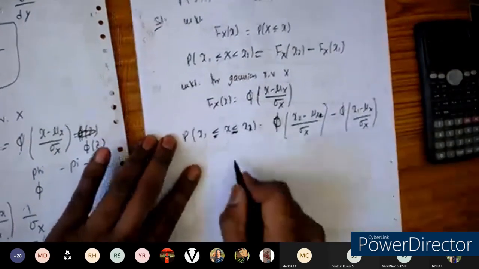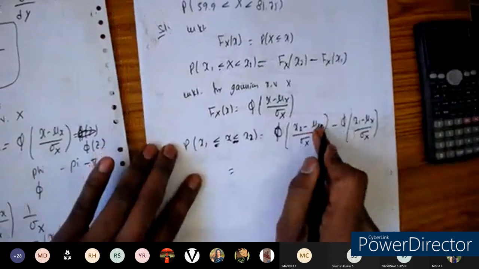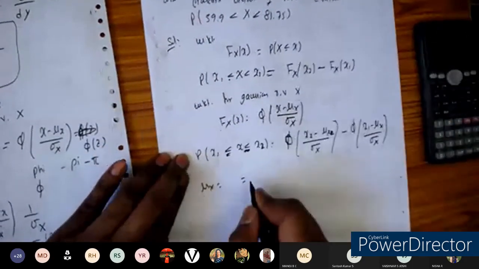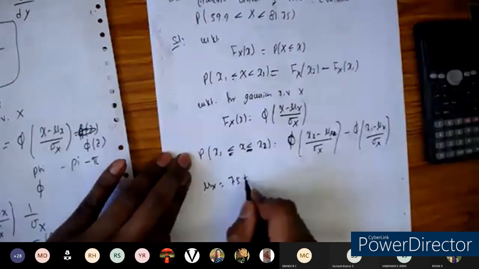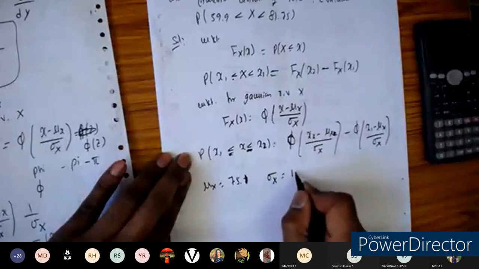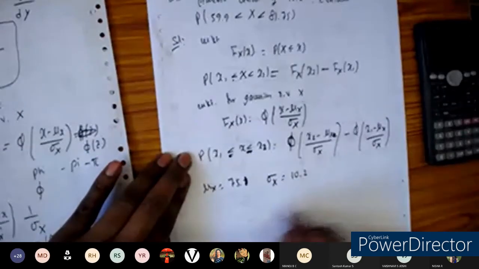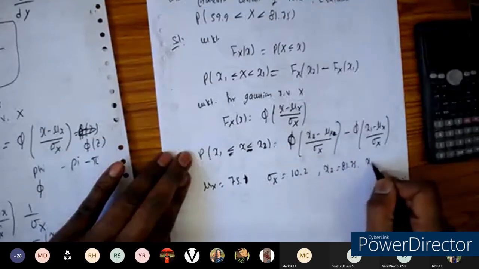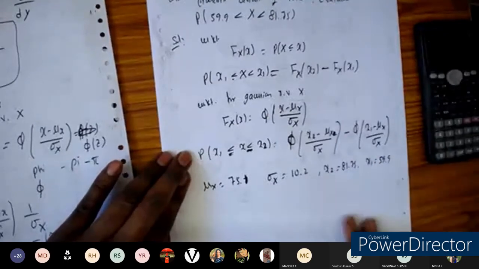Let us substitute the values. The mean of the random variable x is 75.1 and the standard deviation sigma x is 10.2. x2 is 81.75 and x1 is 59.9.